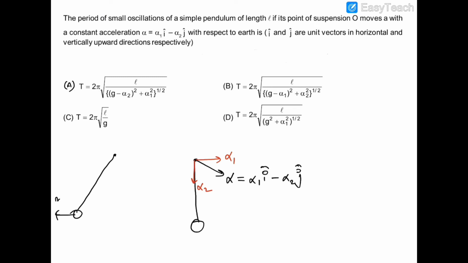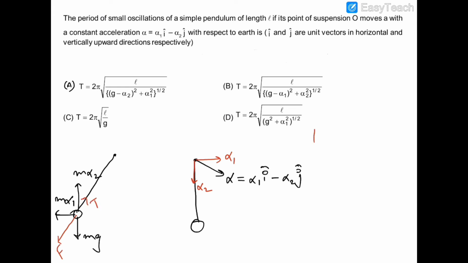This is mα1, and mg would be acting in the downward direction, while another pseudo force mα2 would be acting in the upward direction. We are considering the fact that mg is greater than mα2, because only then it would oscillate, and therefore the net force will be acting like that, and this would be the tension.